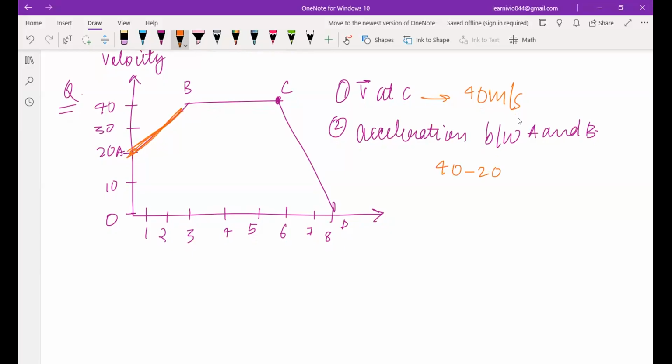A is at 20, right? By B minus 0. So you get 20 by 3. Yes, ma'am. Acceleration is 20 by 3.